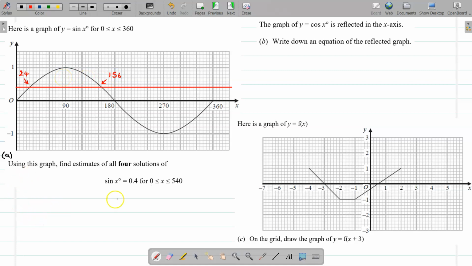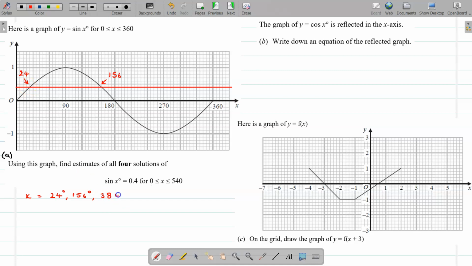So they're 2 of the solutions, but it's wanting 4 of them. So let's just write those down first. So x would be equal to 24 degrees and 156 degrees. And what then happens to the sine graph after 360? It just repeats itself. So the next solution would be 360 plus 24, which is 384.